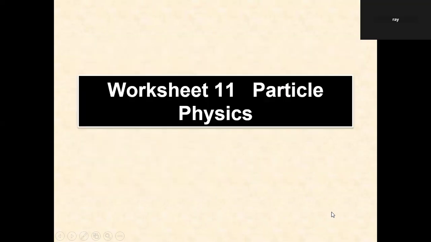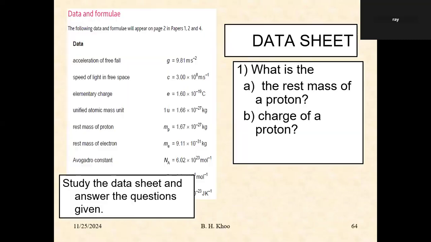Okay, let's try some worksheet problems. Right, you have the data sheet. You can use the data sheet to know where to find your value. What is the rest mass of a proton? Where is it? Where to find it from the data sheet?